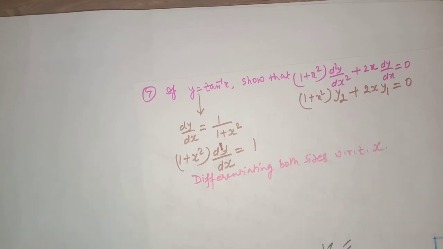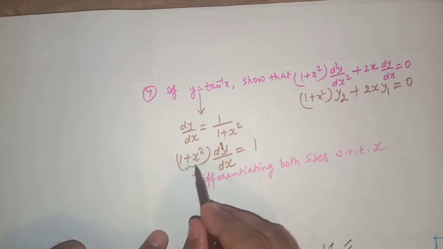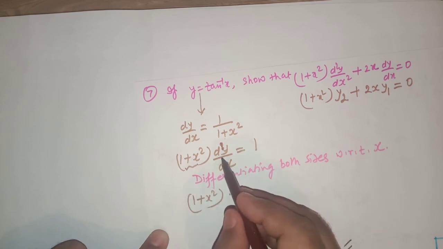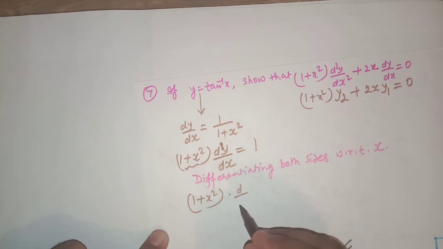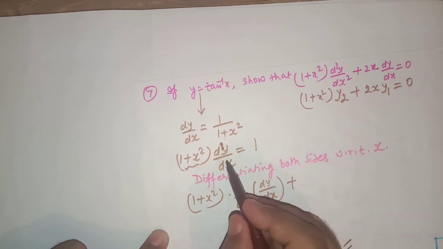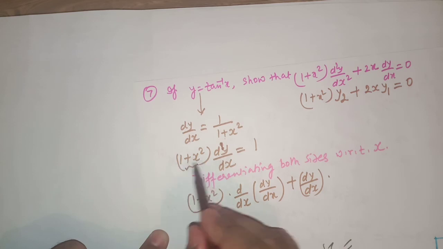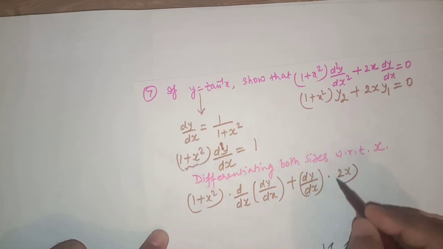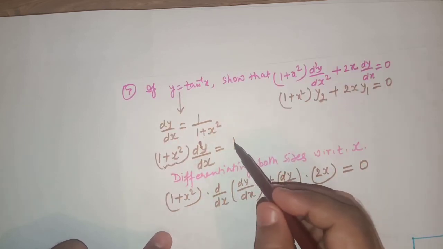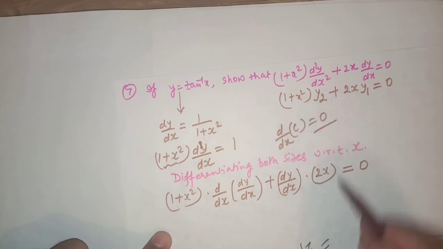So what we will do, we'll differentiate this one by using product rule. So this is first function, this is second function. So 1 plus x square times the derivative of dy over dx, plus now the second function times the derivative of 1 plus x square, which is equal to 2x, and the right side equals 0, because the derivative of 1 is 0, since the derivative of any constant is equal to 0.